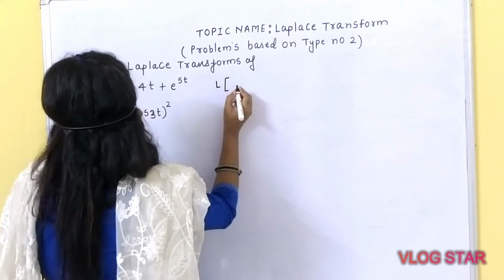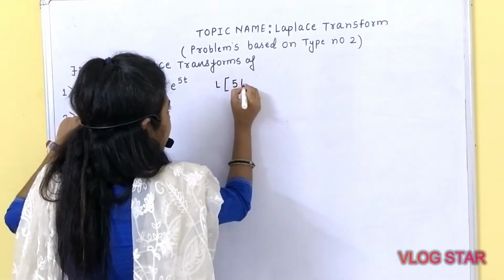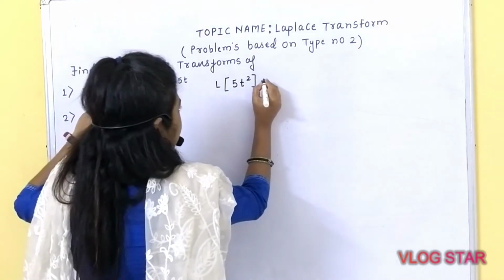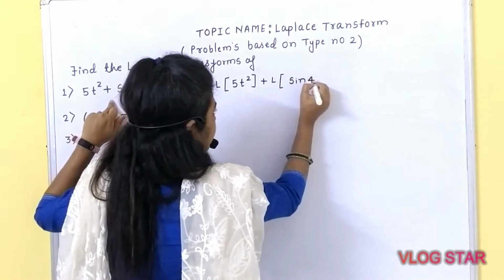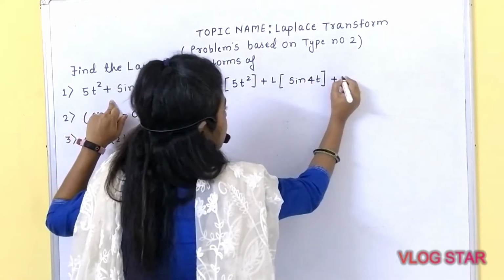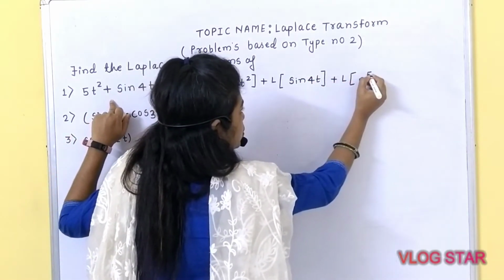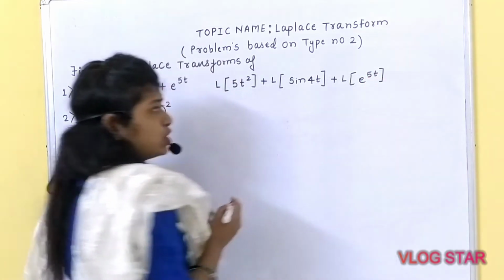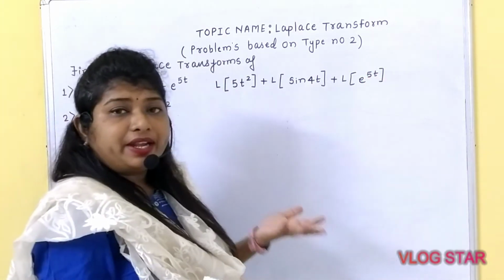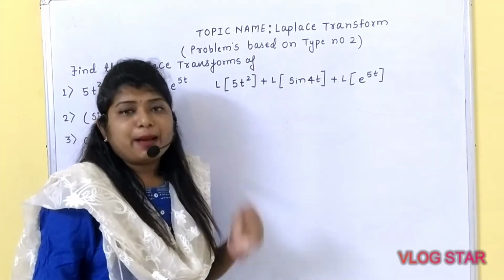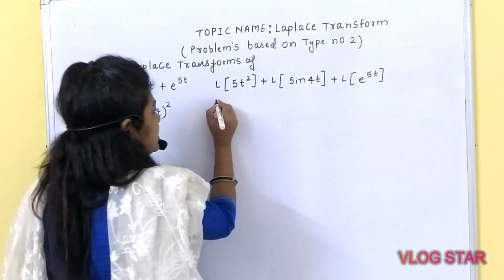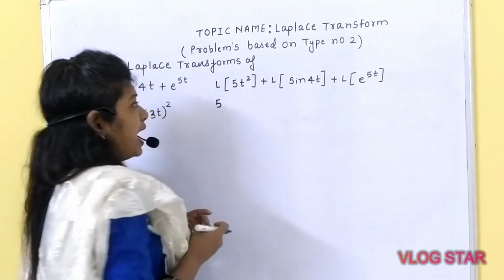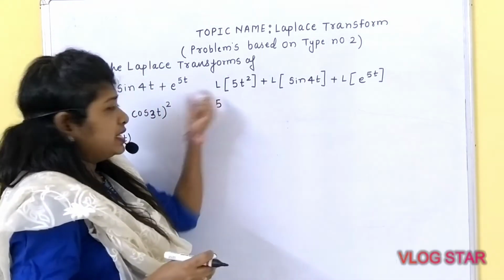I need to find Laplace of 5t square plus Laplace of sin 4t plus Laplace of e raised to 5t. As we already discussed a few standard formulas related to the Laplace transform, if you observe carefully, 5 is a constant term. You need to take it outside the Laplace sign.